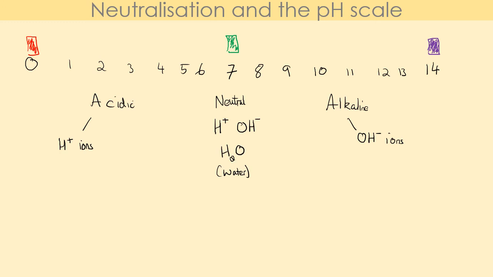Now, the pH scale with universal indicator follows the same pattern as a rainbow. So we have red, orange, up to yellow, and then green for neutral. Past green we get to a light blue, a bit of a darker blue, very dark blue, and then that lovely purple colour.